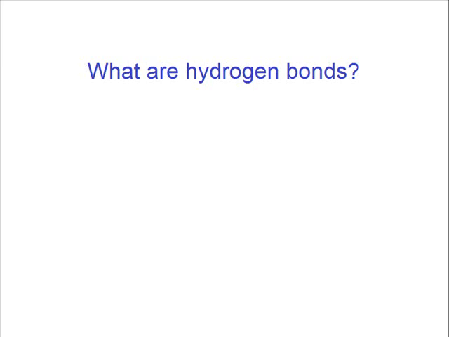It has these properties that make it a very good solvent. Now, I talked briefly on the last slide about hydrogen bonds. One thing I wanted to emphasize here is just how many hydrogen bonds one molecule of water can form with other molecules of water.